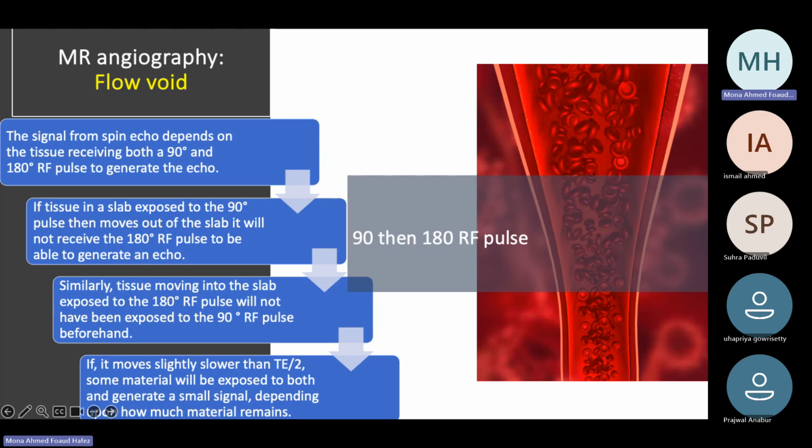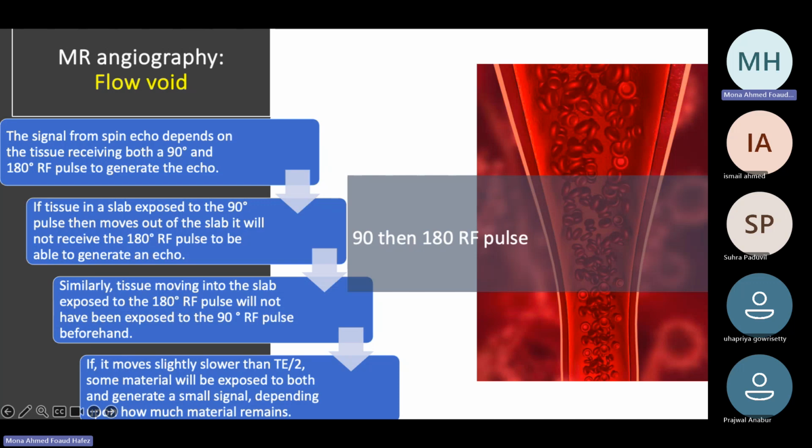But if that tissue is moving slowly, slower than TE divided by 2, some material will be exposed to both the 90 and 180-degree pulses, depending on how much material remains.